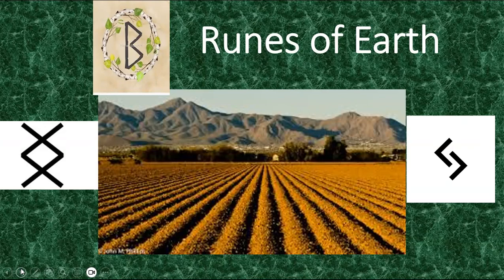And you notice that Jera has the two little Kenazes basically facing each other, because that's symbolic of the great circle of life. They're coming together, and you can imagine them just spinning forever and ever together.